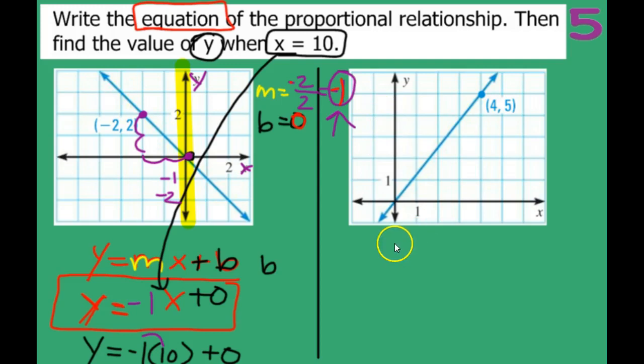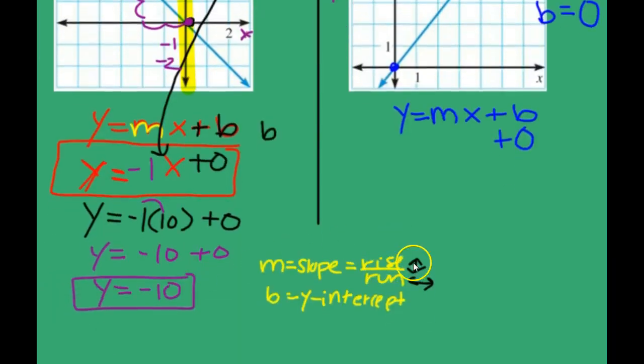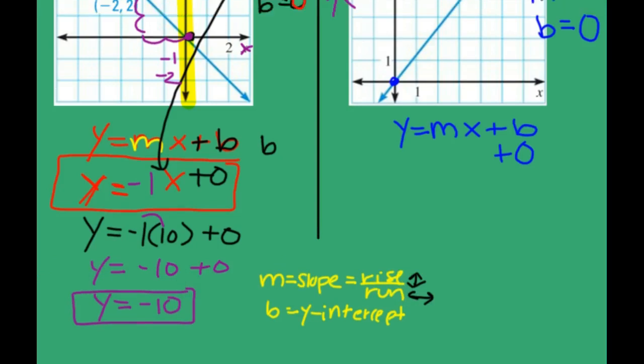So next we're going to do the same thing, write an equation in the form y equals mx plus b. So I'm going to find b first, where we begin our graph on the y-axis. This line crosses the y-axis at 0, so I know b is 0. And then I'm going to find our slope, which I just moved down here. Slope is counting rise over run.